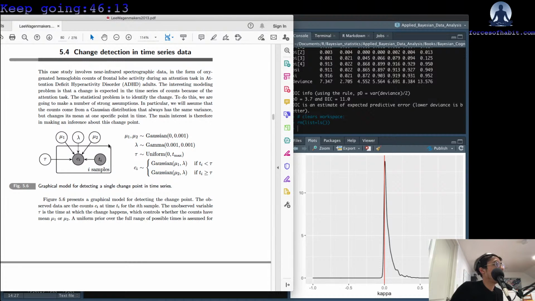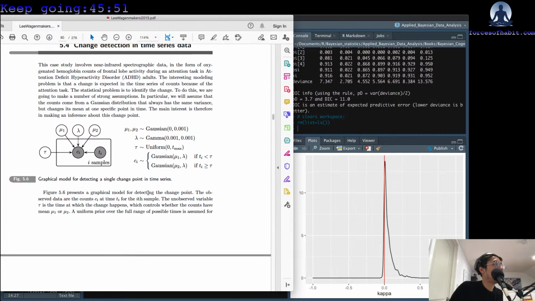It looks like the graphical model here is demonstrating that we have means from 2 samples, which are uniform Gaussian distributions, and we have a shared estimate of precision, and then we have this uniform distribution to represent tau, which is the time point where change happens. So we want to know where tau is, right? And then we have counts at each time point.